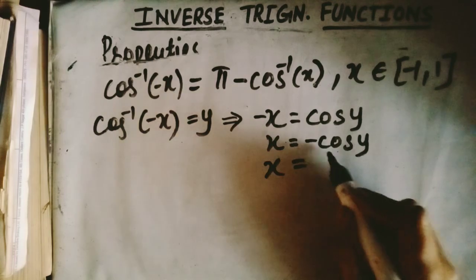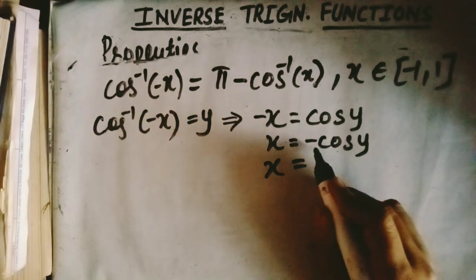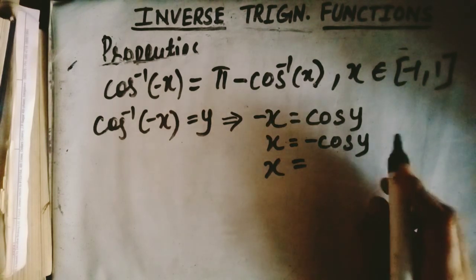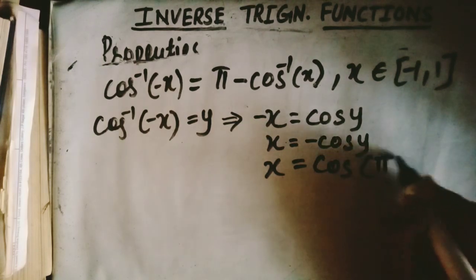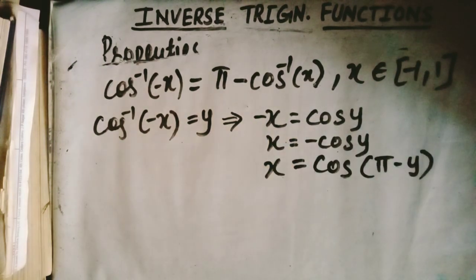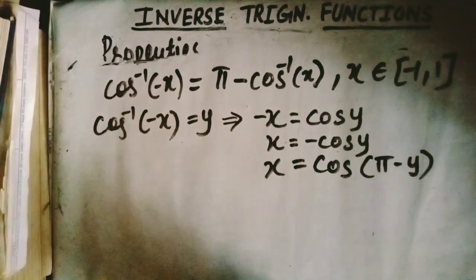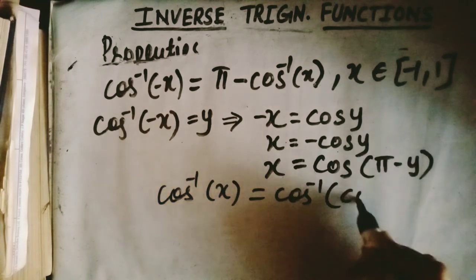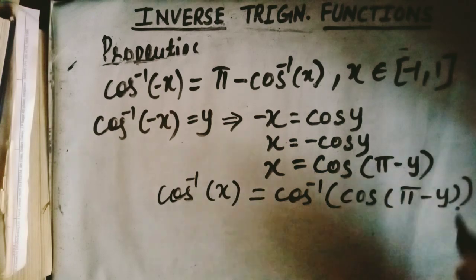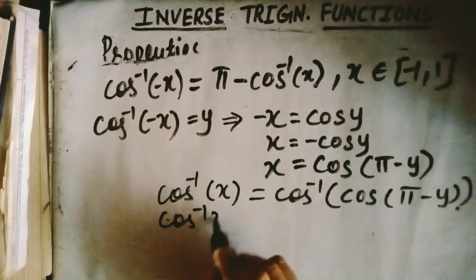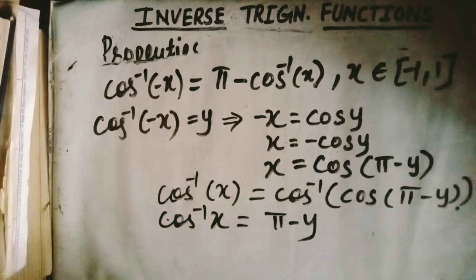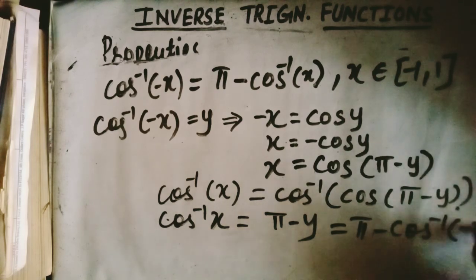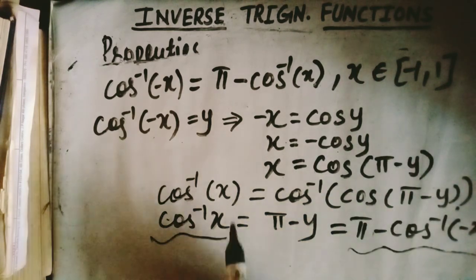Now we know that negative of cos will be cos of pi minus theta, right? So cos of pi minus y. Now taking cos inverse on both sides, cos inverse of x equal to cos inverse cos of pi minus y. So you will get cos inverse of x equal to pi minus y, and y is our cos inverse of minus x. So this is the required result.